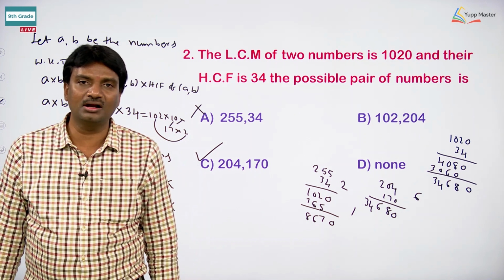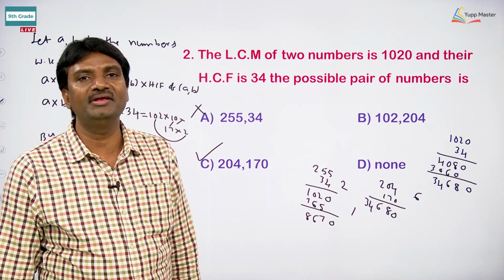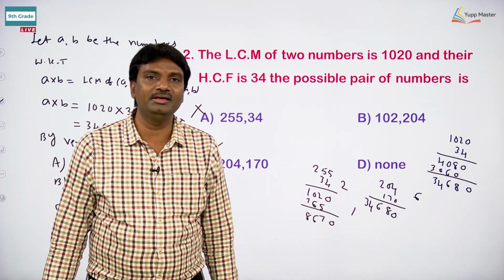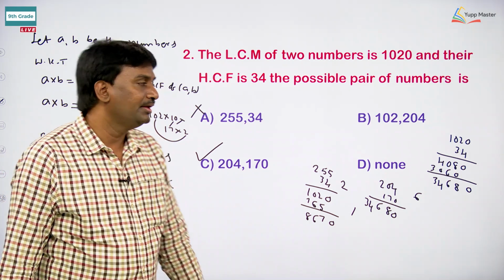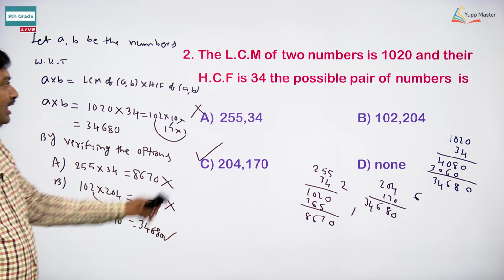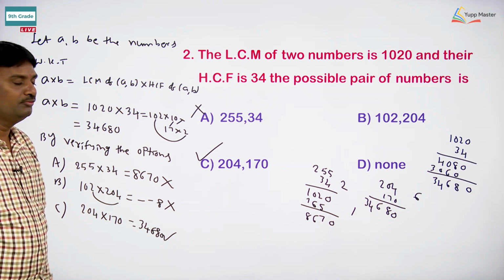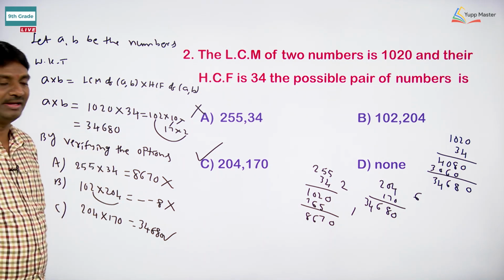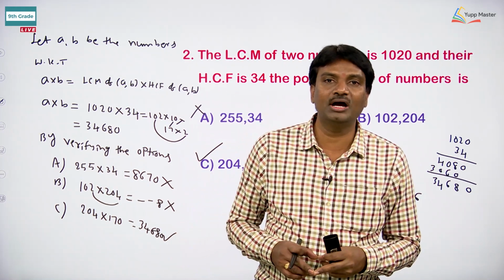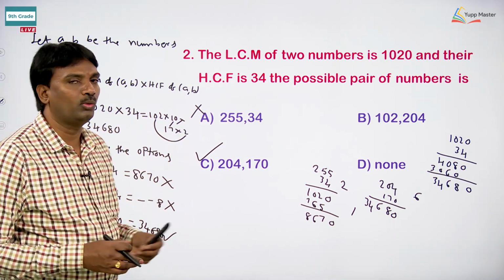So since the numbers are unknown, let us take them as A comma B. We know the relation between the LCM of A comma B and HCF of A comma B, that is A into B equal to LCM of A comma B into HCF of A comma B. LCM is given as 1020 and HCF is given as 34. So by multiplying these two and simplifying, you will get option C is the correct option. So the numbers are 204 comma 170.